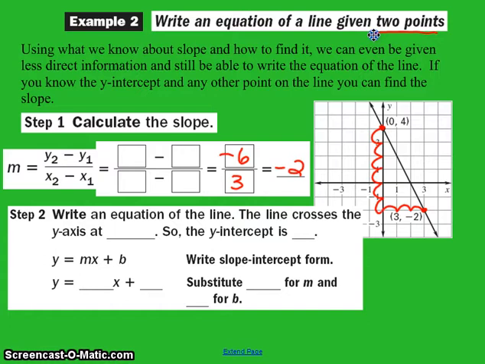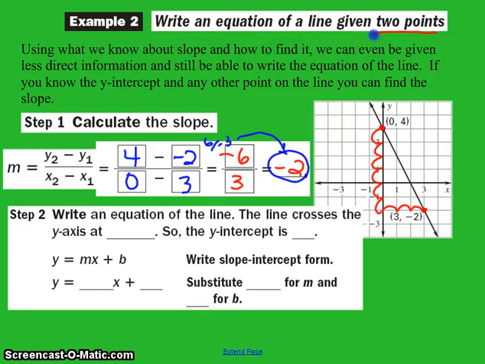You can also calculate slope of this line by using your two ordered pairs, where you have y2 is 4 minus -2, and then I would have to start at 0 minus 3. This actually does give me 6 over -3, but I would still get the same answer of -2 for my slope.